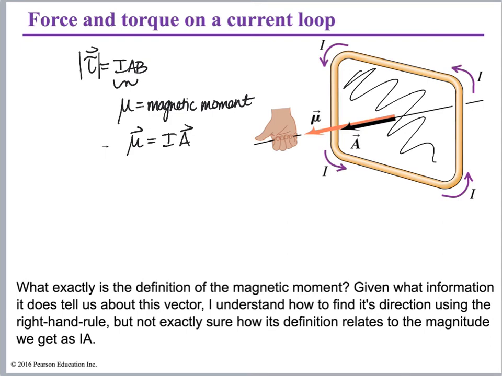What we're going to see eventually is that the torque produced by this current carrying loop in a magnetic field can be expressed as mu cross B, or IA cross B. The way that we get the direction of the magnetic moment and the area is we wrap our fingers around the loop in the direction of the current flow, and our thumb will then be pointing in the direction of the magnetic moment and the area. Hopefully that helps clear up some of the questions about the magnetic moment.